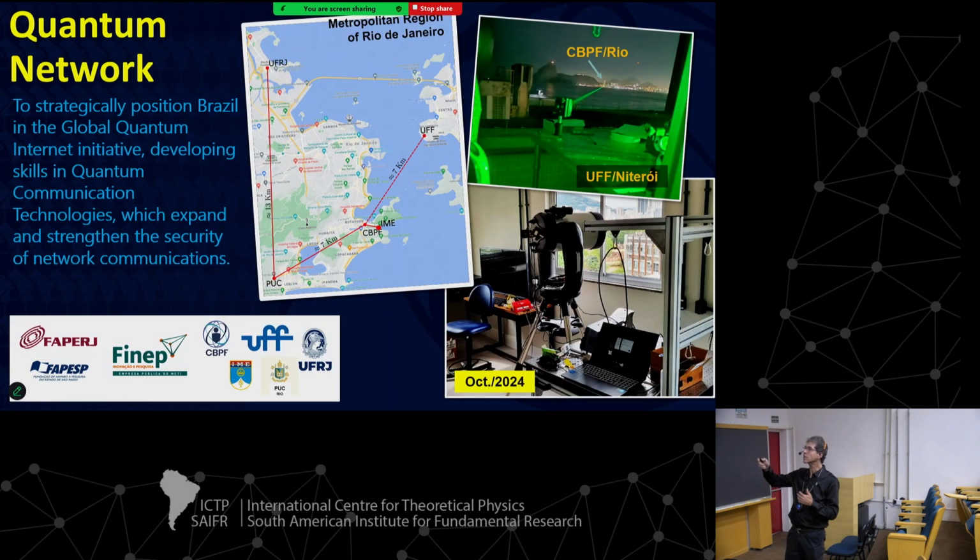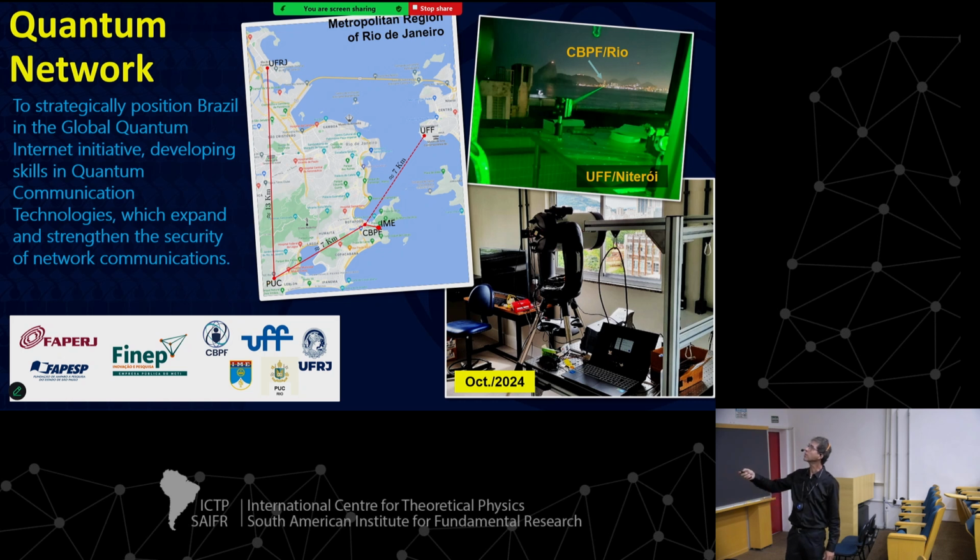Besides this project, we also have in the same mainframe a project of quantum communication, a quantum network, using the fiber optics already installed in the city. Those are part of the fiber optics that connects all the institutions in Rio and in Brazil. In fact, we are one of the nodes of the RNP system for transmitting academic and other data.